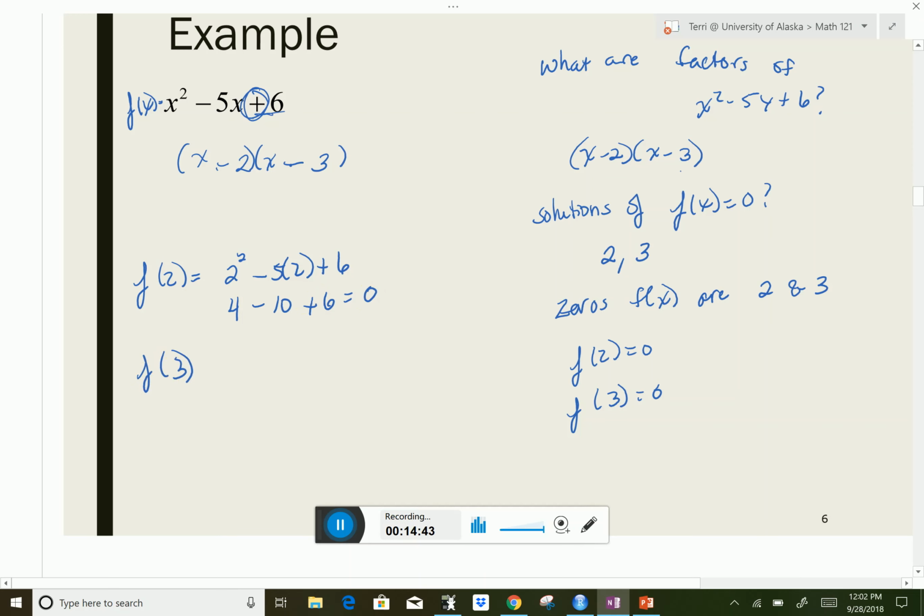And f of 3, 3 squared minus 5 times 3 plus 6, 9 minus 15, oops, 6, not 16, plus 6 is 0. So we've checked both of those. So we can actually state everything that we were just talking about in the previous slide.